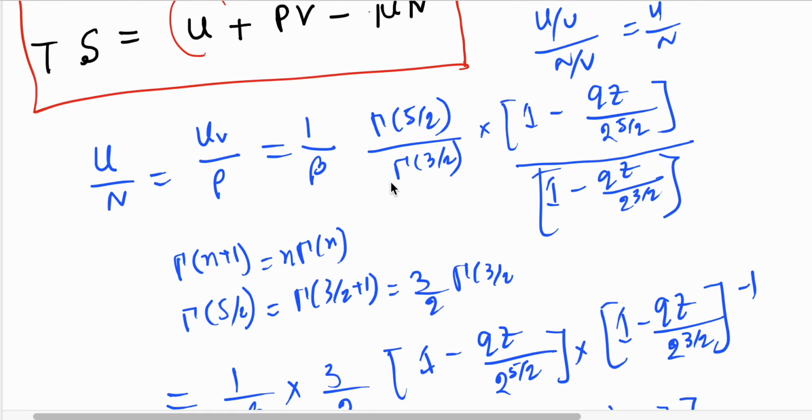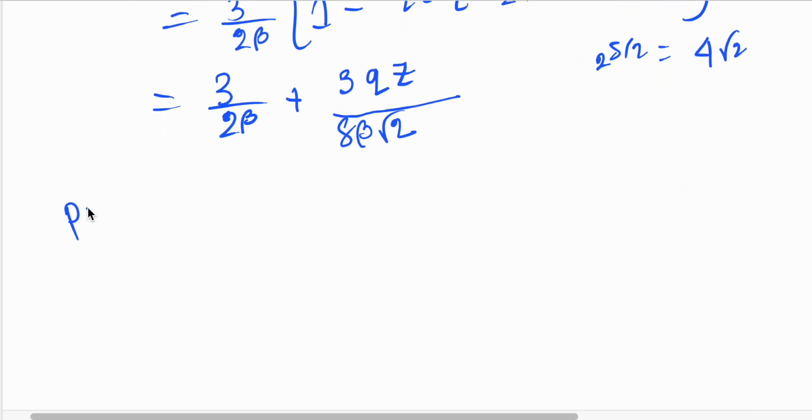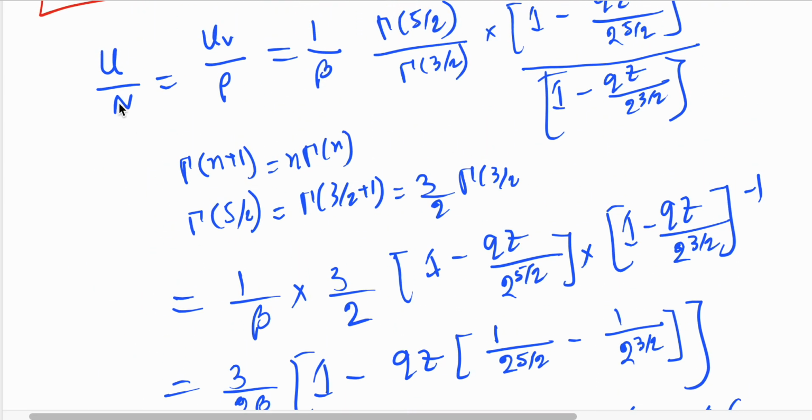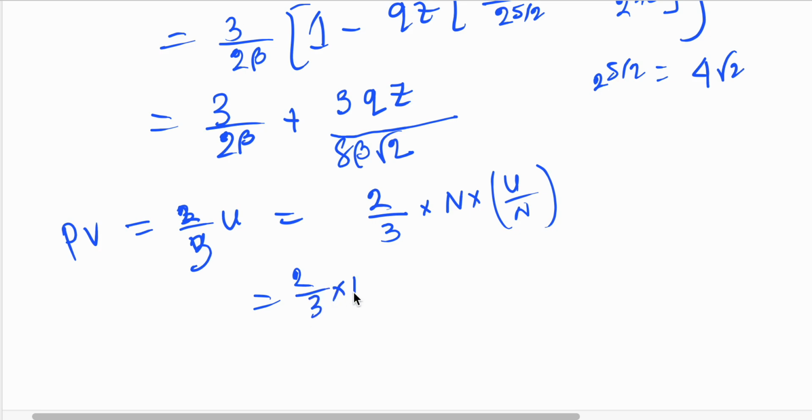So u by n, now what is the value of pv? We know that pv will be 2/3 u, and u is n into u by n, so that means 2/3 into n into (3 by 2 beta plus 3 qz by 8 beta root 2).